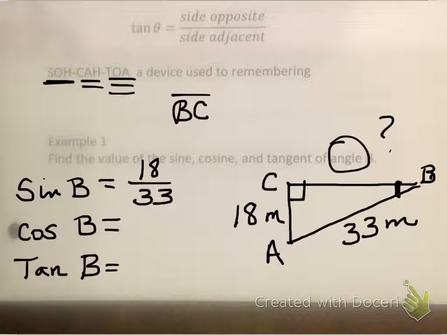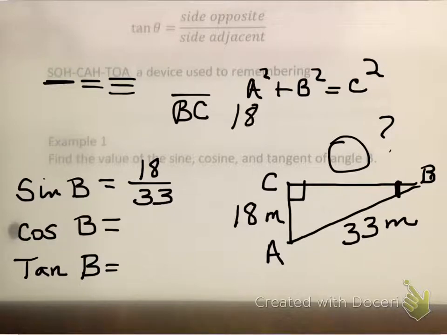Pythagorean theorem is a squared plus b squared equals c squared, and I need to find the missing side. I know a leg, which is 18. I don't know the other leg, and I know the hypotenuse is 33.